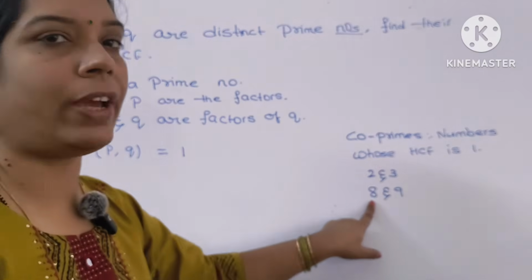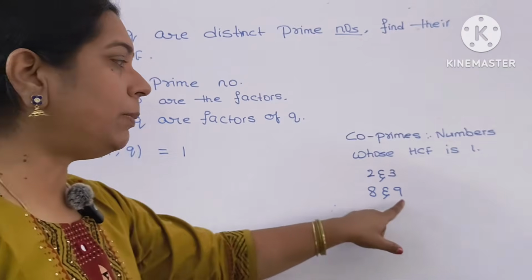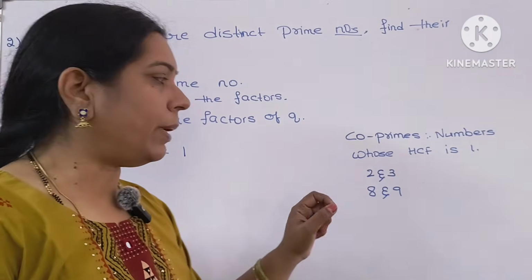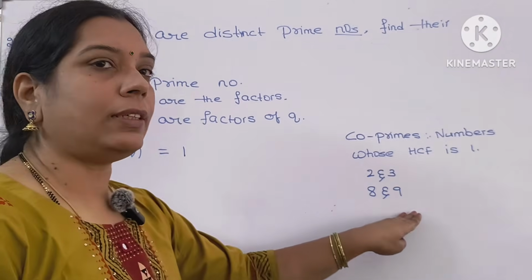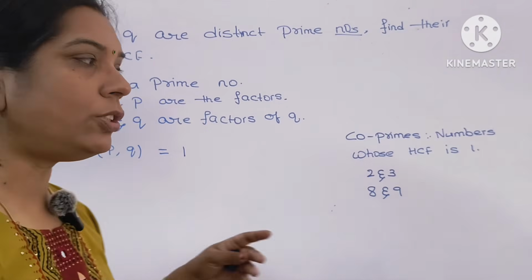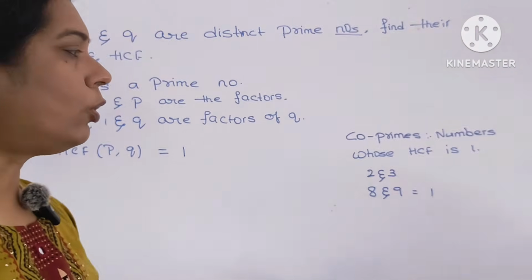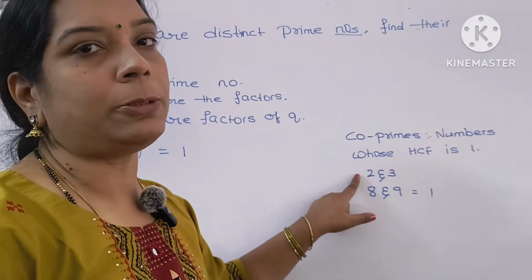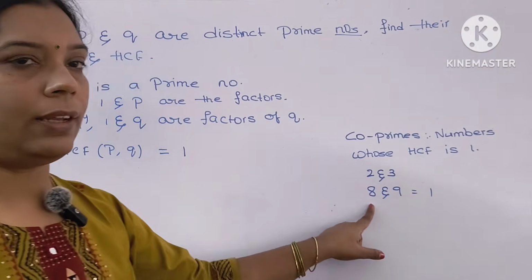It has so many factors, 1, 2, 4 and 8 itself, it has 4 factors. Similarly, 9 is a composite number. If you take the HCF of these two numbers, you would notice the HCF of 8 and 9 is 1. So, co-primes need not always be prime numbers. They can also be composite numbers.